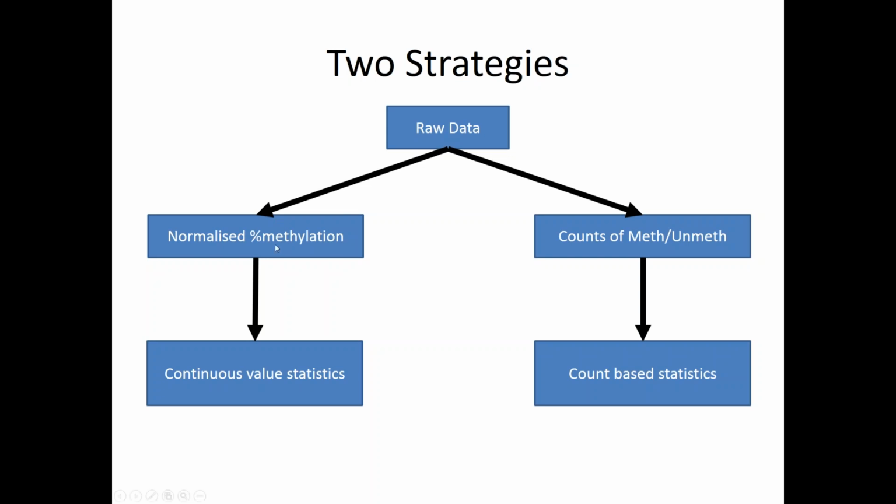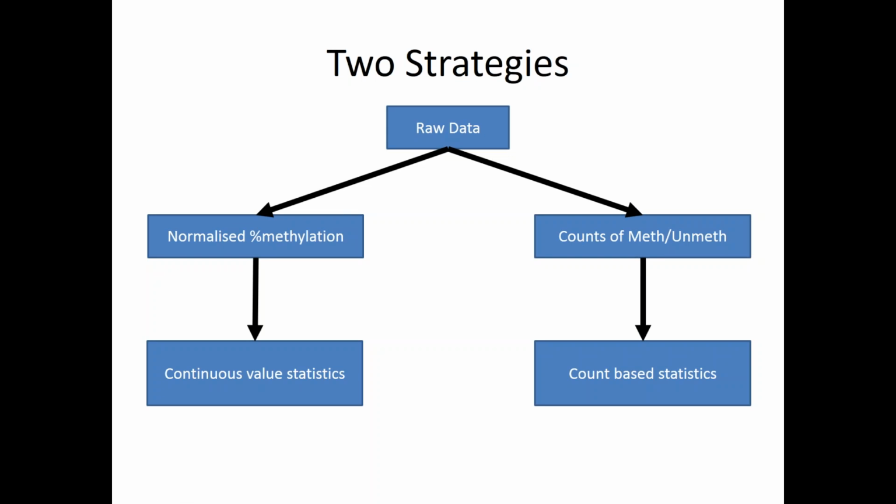But it does allow you to do a lot of normalization or correction that might be difficult to implement in other ways. The alternate way, which is probably the more common and certainly the more powerful approach, is to use count-based statistics.